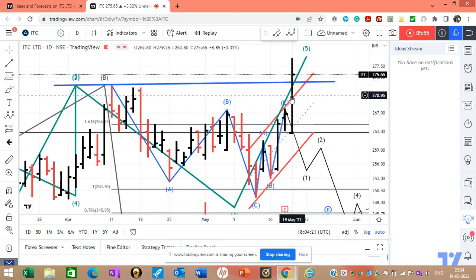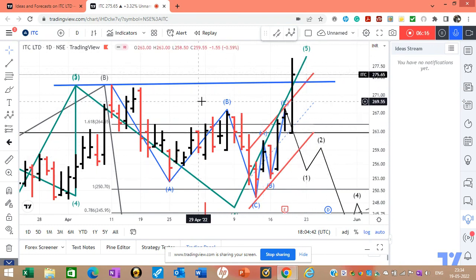So once this breached, I knew that something was wrong. Either my wave count was wrong or wave theory is not applying to this stock. So I've corrected my wave count and I hope that this will fall.